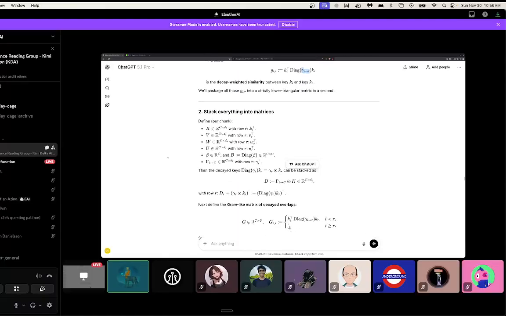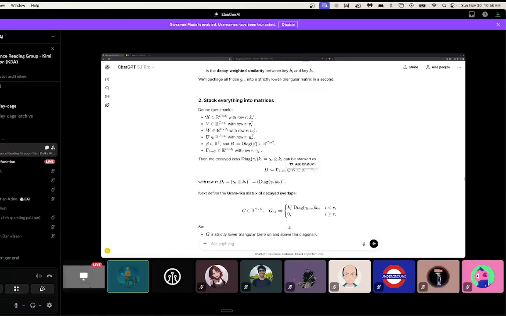Okay, so basically what we're doing is stacking everything into these matrices. K is just each row is the keys, similar for V, W, and U. K and V are just the keys and values, similar to what you have in a transformer.